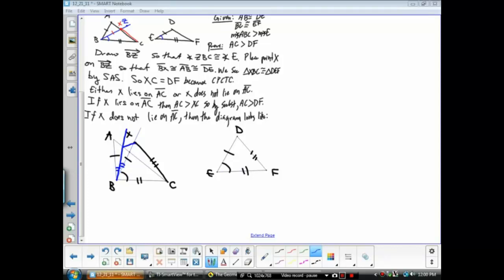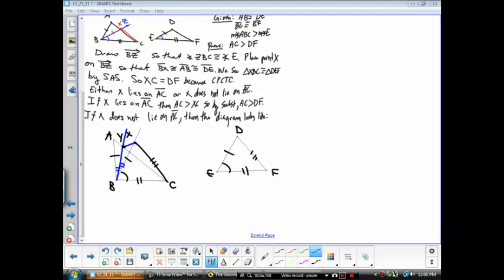So let's name it Y. Y is that point right there. So we have triangle ABY that's congruent to triangle XBY, which means that AY and XY are the same length.